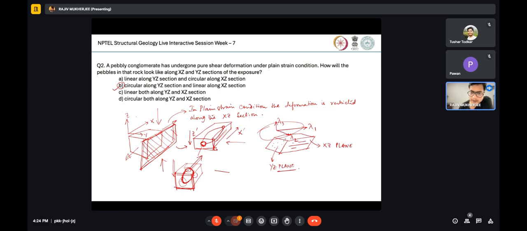A section with zero deformation eventually remains circular, but the section with maximum deformation will turn into a linear feature. So that's why option B will be correct, so that we will see circular along the yz section and linear along the xz section. Okay. So if you have any doubt, you can ask, or we can go on to the next question.